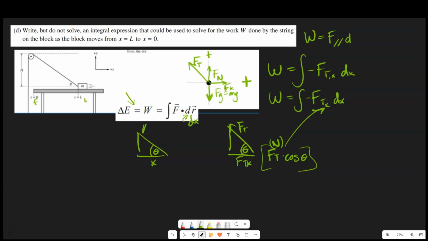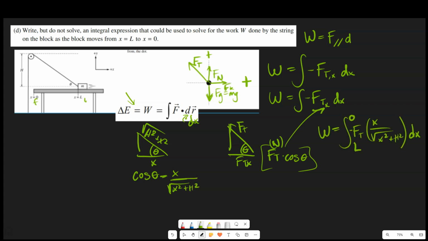And so that's what we're going to do here. In this case, we could say cosine of theta is equal to x over the root of x squared plus h squared. So we can say, therefore, the work is equal to the integral of F_T x over the root of x squared plus h squared dx.